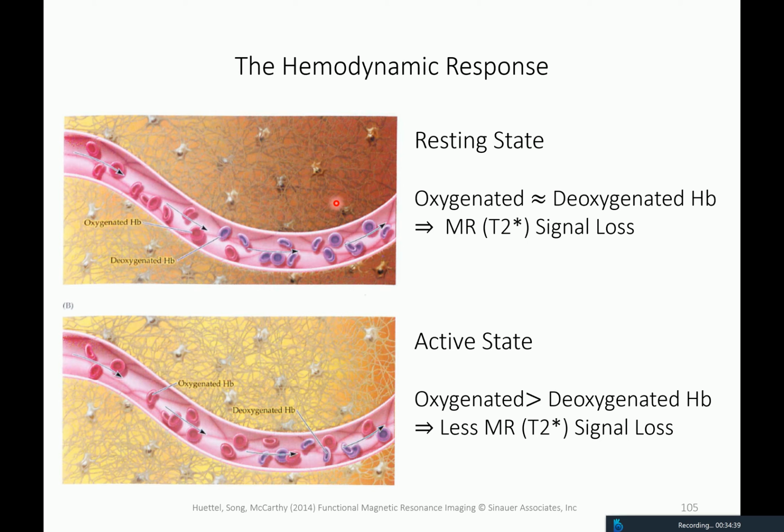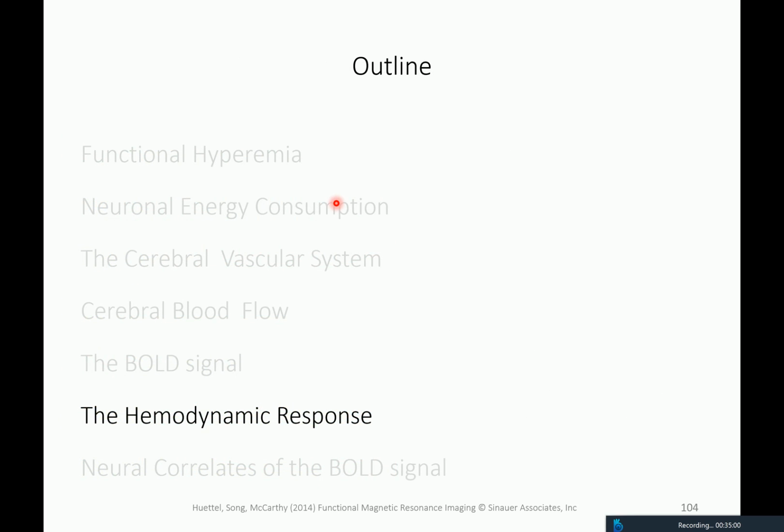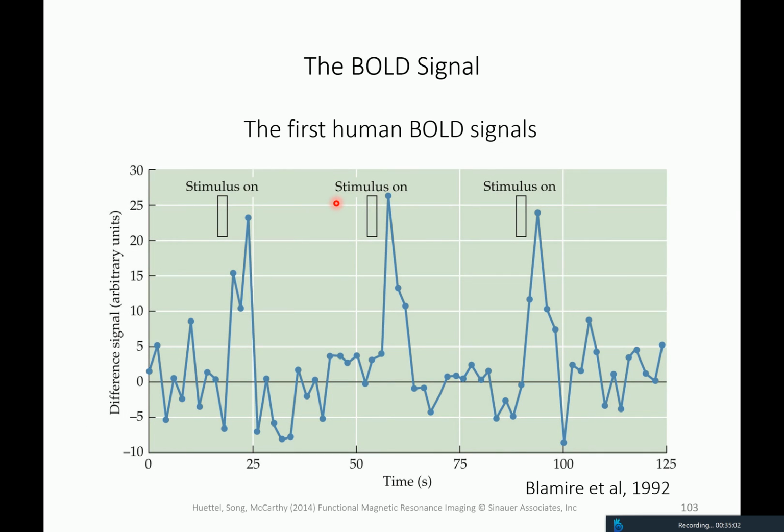Now, when the brain gets activated, when neural activity happens locally, there's locally an increase of oxygenated over deoxygenated hemoglobin, which leads to less MR signal loss and hence an increase in the MR signal. This is the most complicated part of the whole thing, although it's not really that complicated. It's just the other way around from what one would expect.